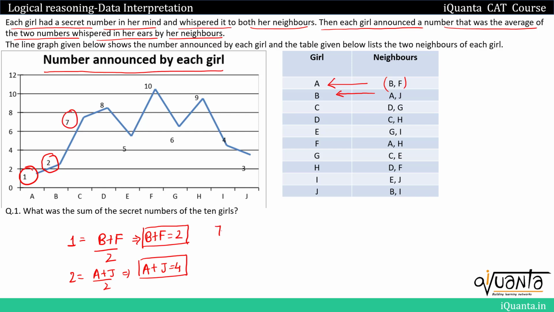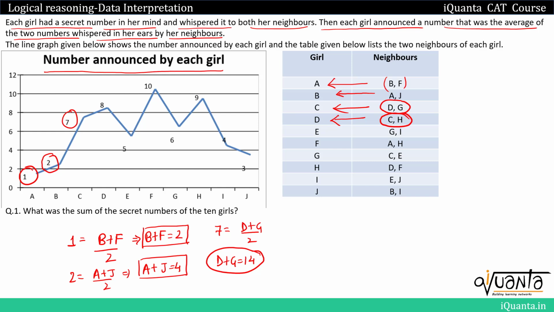So 7 will be equal to the average of D and G, because the neighbors of C are D and G. So (D + G)/2, which gives D + G = 14. This is the third equation. Similarly, we can form all the equations. We just have to multiply the number announced by each person by 2, and that will be equal to the sum of the numbers told by the neighbors.